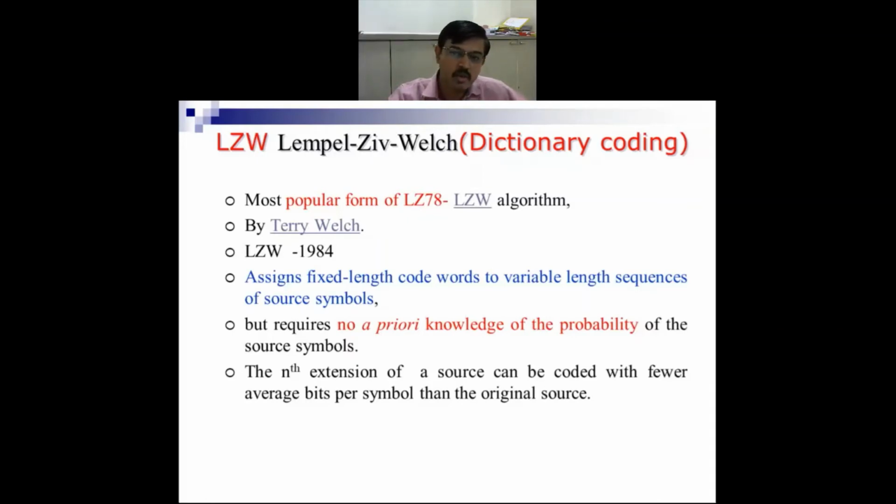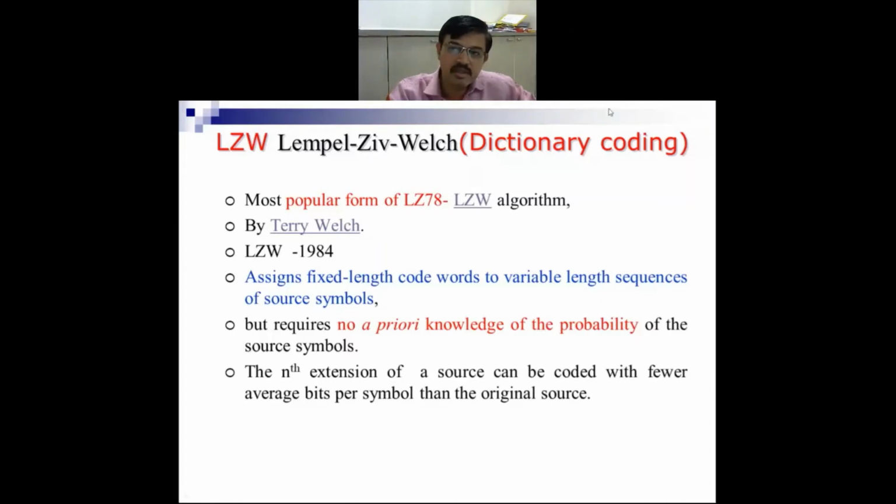So this most popular LZ78 algorithm was modified by Terry Welch in 1984, and a new name has been given to this particular algorithm, that is the Lempel-Ziv-Welch algorithm. So that is the LZW algorithm that we would like to understand here.